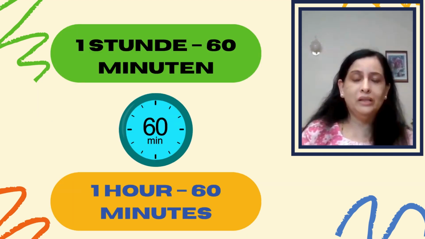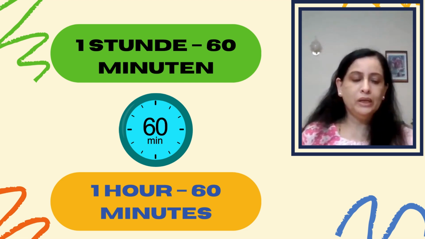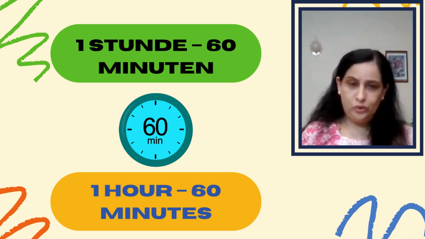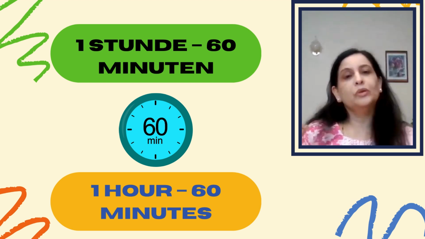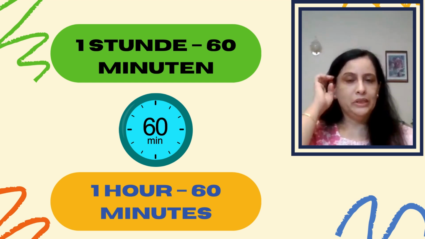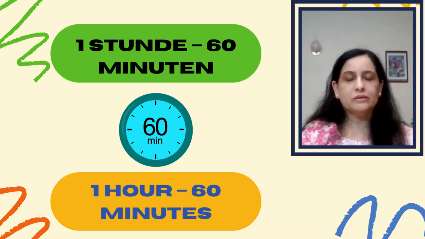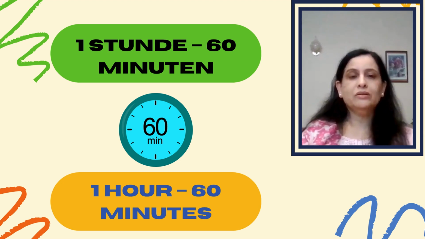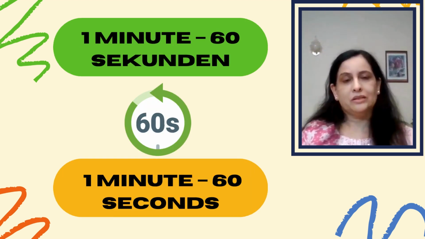Then in 1 hour there are 60 minutes. So it will be eine Stunde ist 60 Minuten. Minute is singular and Minuten is plural. Then 1 minute is 60 seconds.